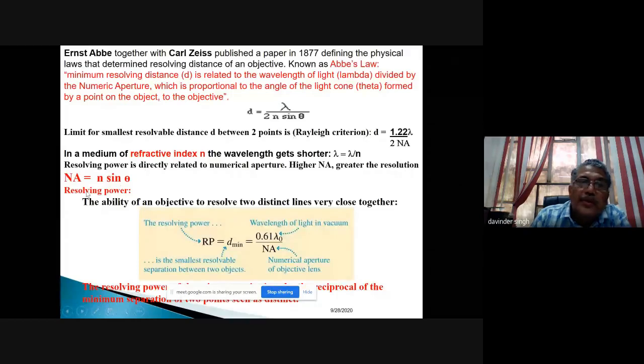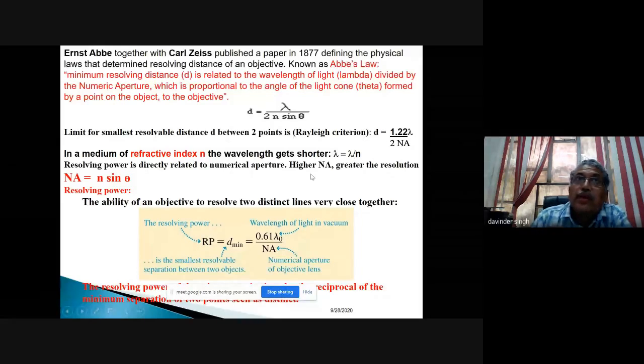Generally the numerical aperture is n sin theta, depending on the refractive index. Also in the optical microscope, if you want better resolution, lambda should be less. So you change the medium.